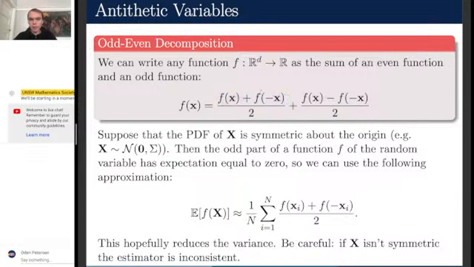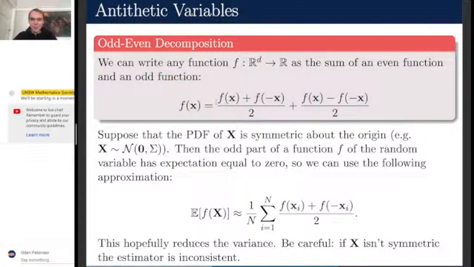We'll get 2 copies of f of x, and then the f of minus x's will cancel out. So in the numerator we'll just have 2 copies of f of x, in the denominator we'll have a 2, and so clearly this identity is correct.